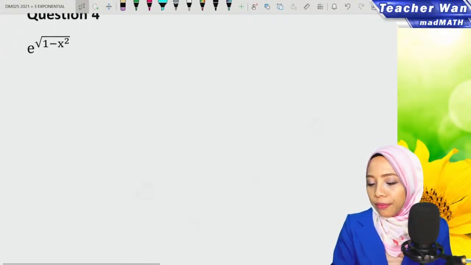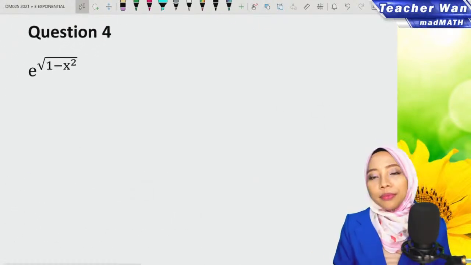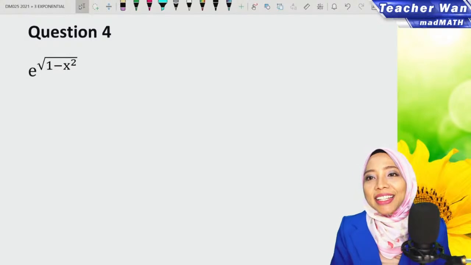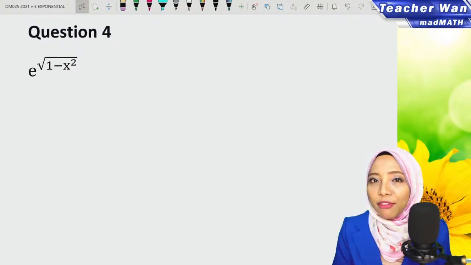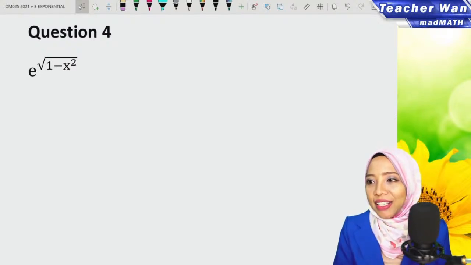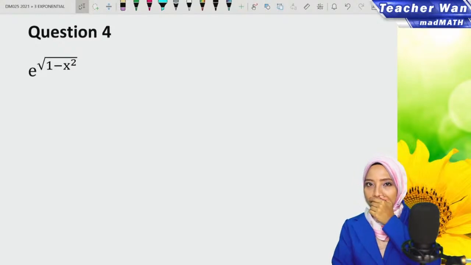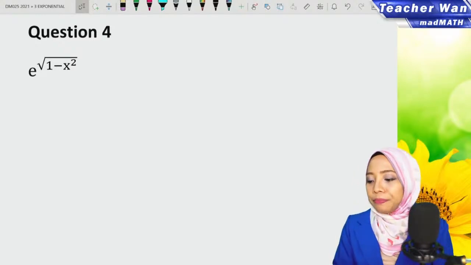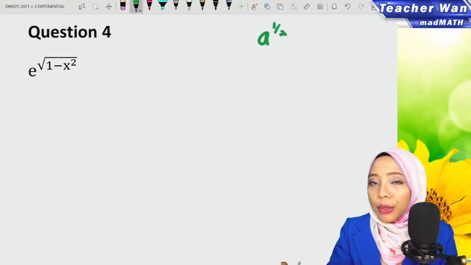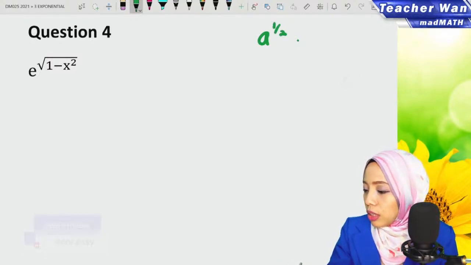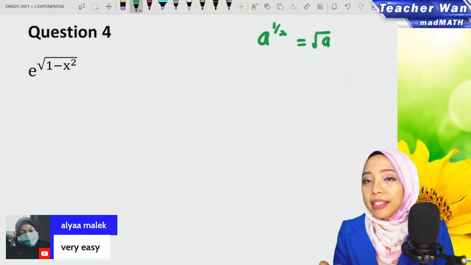Example 4. Okay. So now again, it consists of an exponential function, but this time it's involving square root. As always, a to the power of 1 over 2 is equals to square root of a.